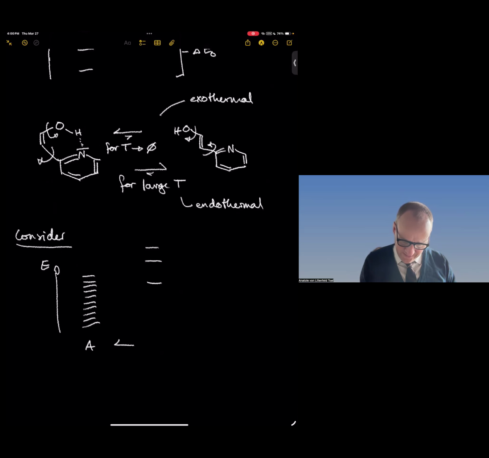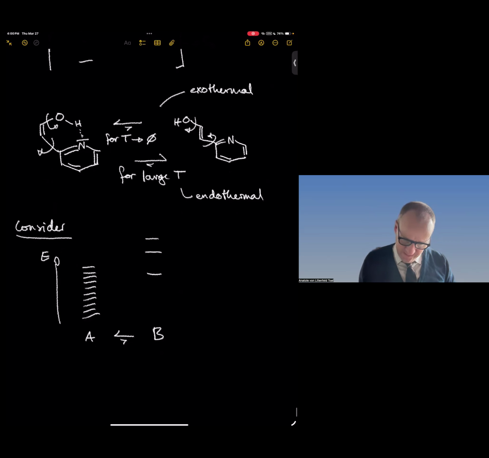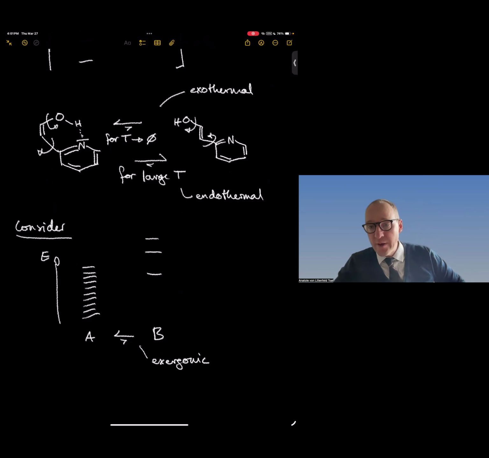And this means that there's no way that spontaneously you would ever form B, right? This is, in other words, an endergonic process. And if you wanted to observe the endergonic process, you would have to pay not only enthalpy, but also the corresponding energy for the entropic contribution.